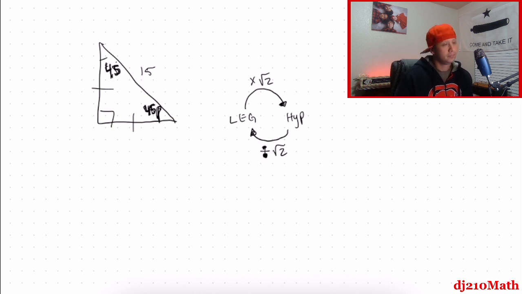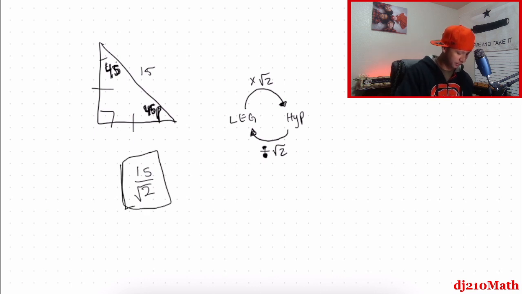Well, there are other ways, but typically you're going to divide by root 2. Otherwise, you'd be using trig, which is another video. So if I do 15 divided by root 2, this is the length of the leg. Actually, this is the length of both legs. So 15 divided by root 2.